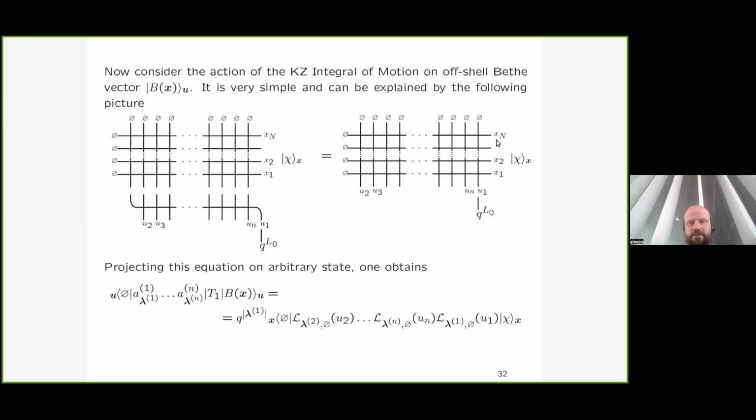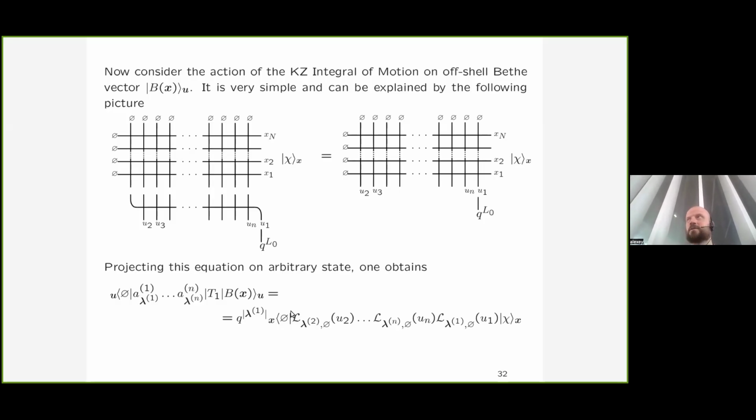So this relation, in terms of the weight function, projecting this relation on the monomial basis, means the following: the matrix elements of this T1 operator are the matrix elements where you have, first of all, q to the power of the length of my first partition attached to the first space, times the matrix elements where lambda with the index 1 is permuted to the right. So what I have to do is find a way to drag it to the left, and then I'm done.